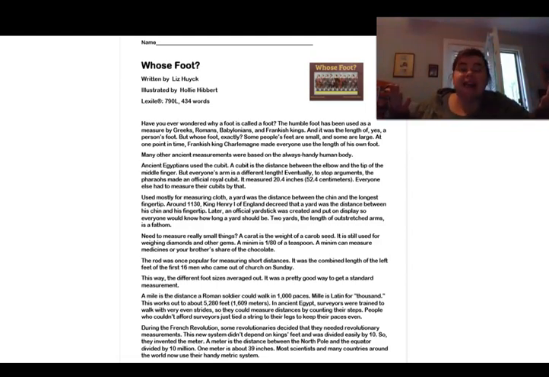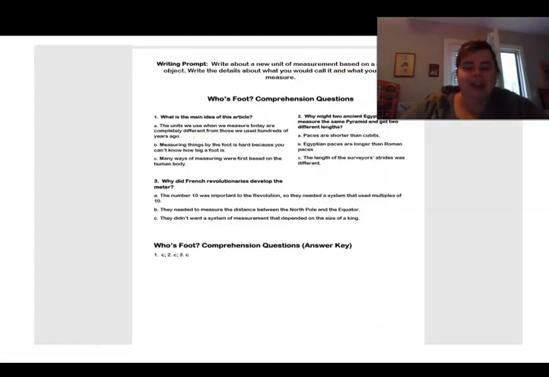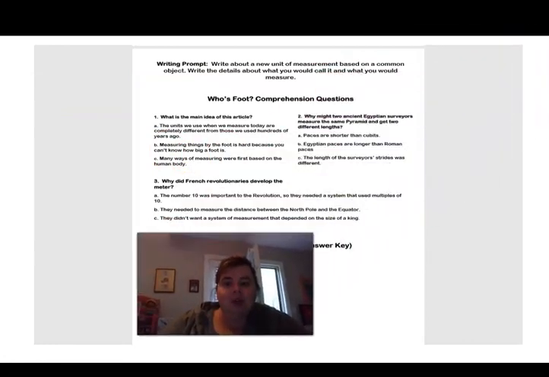But everyone's body is a different size, which makes measuring difficult. That's why we needed things like rulers, yards, miles to help us measure things so we were all on the same page and we all had the same ideas. So if you said that the correct answer was C, many ways of measuring were first based on the human body, you were correct.